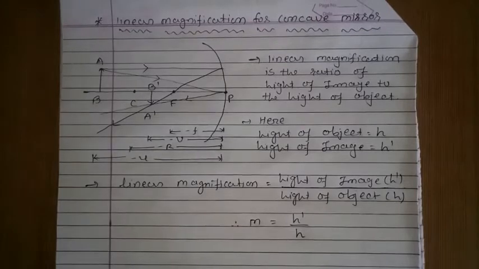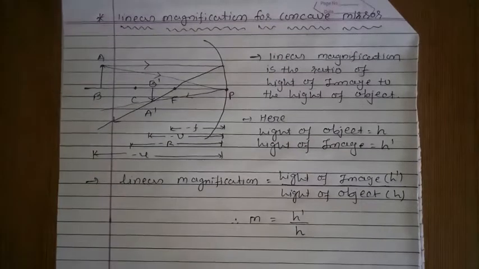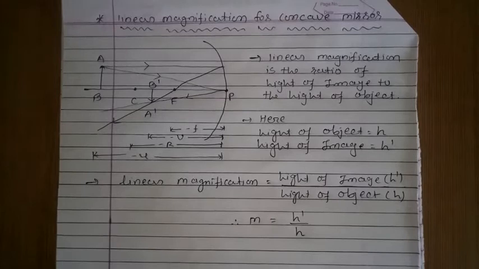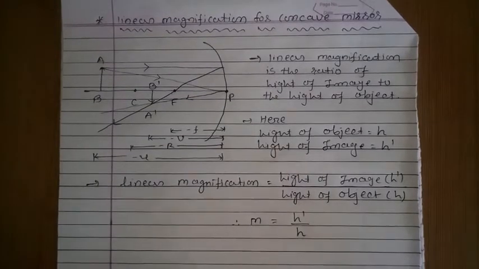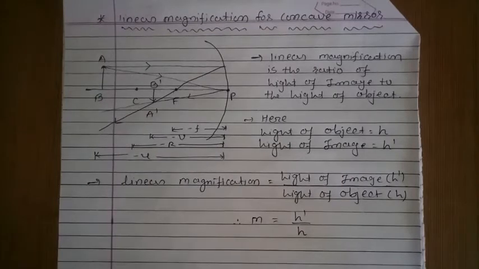Okay. Now we have to prove the formula of linear magnification for a concave mirror in terms of object distance and image distance. We already know the object distance, which is small u, and the image distance, small v.